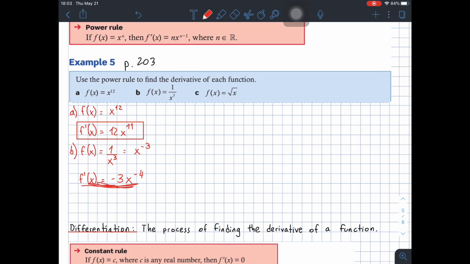So this is the gradient function, and if you want to write it in a more fashionable way, we could say that this is -3 divided by x to the power of 4. So this is the gradient function of this particular function we had here, f of x equals 1 over x cubed.